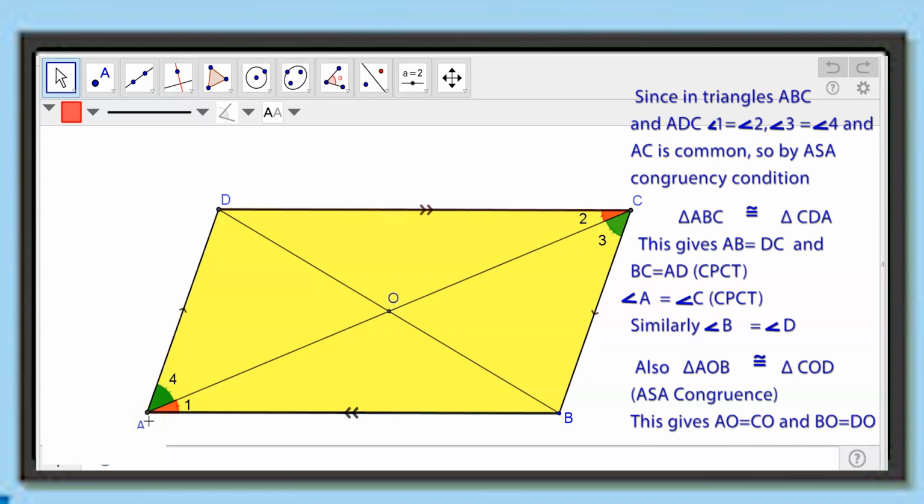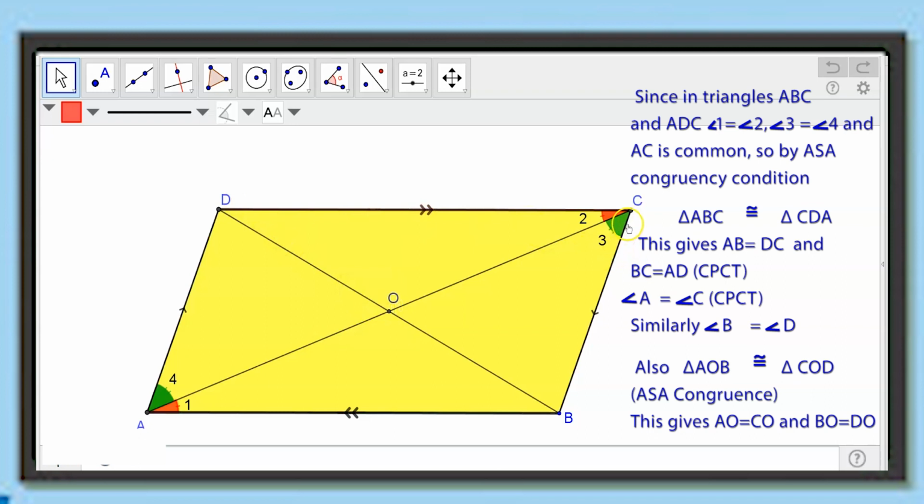Alright, so the 2 triangles have become congruent by the ASA rule. So what can you tell about the sides now? Now look at the sides of the triangle. CD is corresponding to AB. So you can definitely go back and say that CD will become equal to AB. So by CPCT, that is corresponding parts of congruent triangles are always equal, and hence I can say AB has become equal to CD.